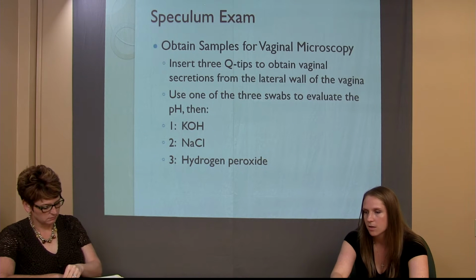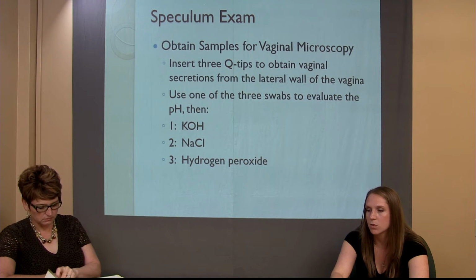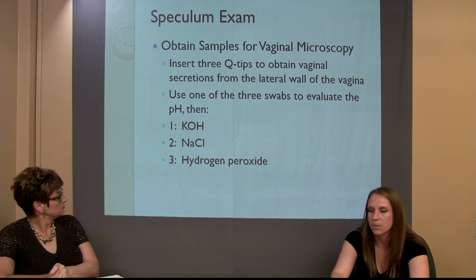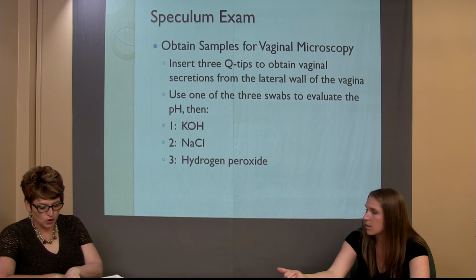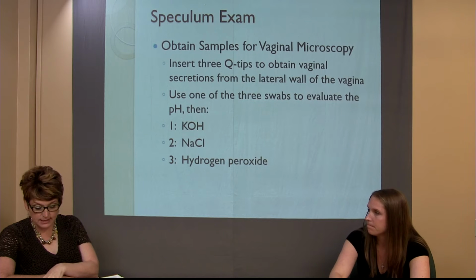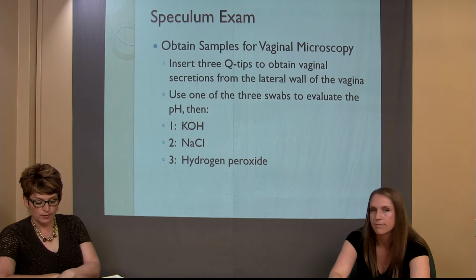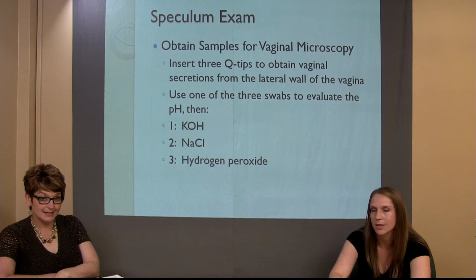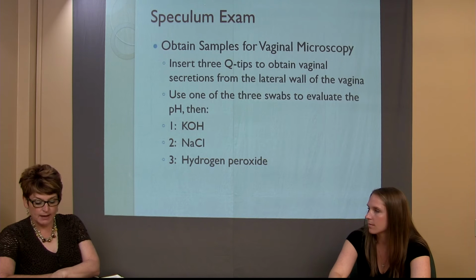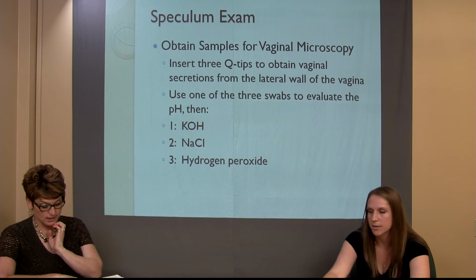You can use one of the 3 swabs to evaluate the pH, and then you can test for potassium hydroxide, put some sodium chloride on it, or hydrogen peroxide. And there's a great table on page 569 differentiating trichomoniasis from candidal infection, vulvovaginal candidiasis or VVC, and bacterial vaginosis.